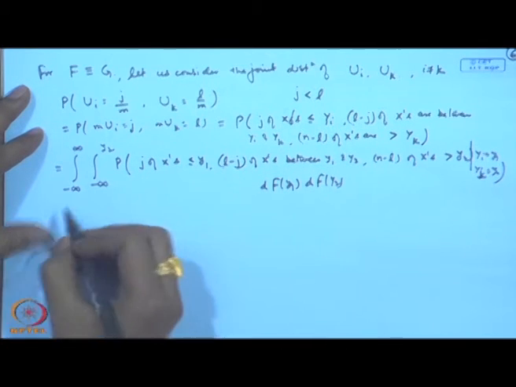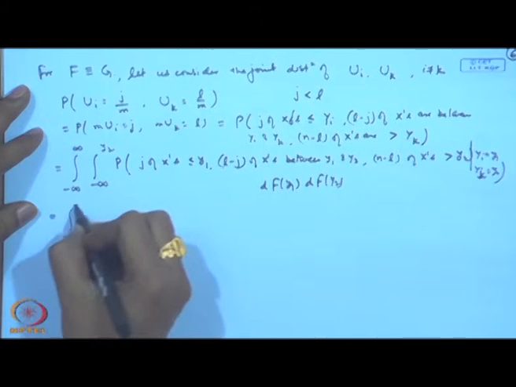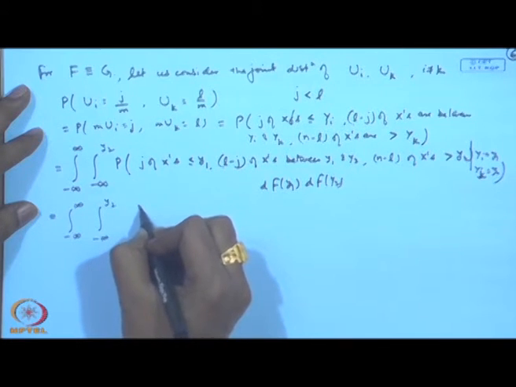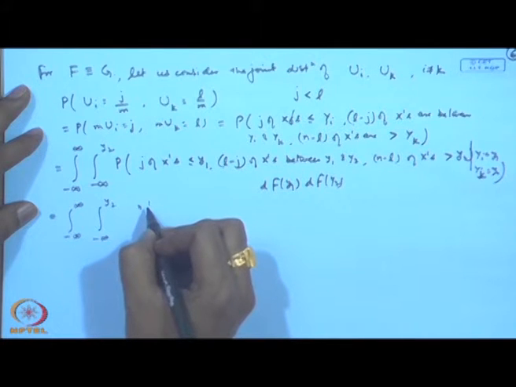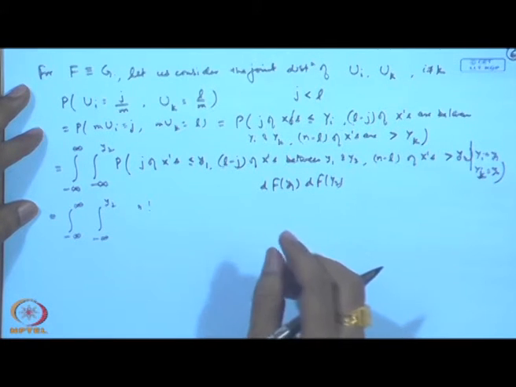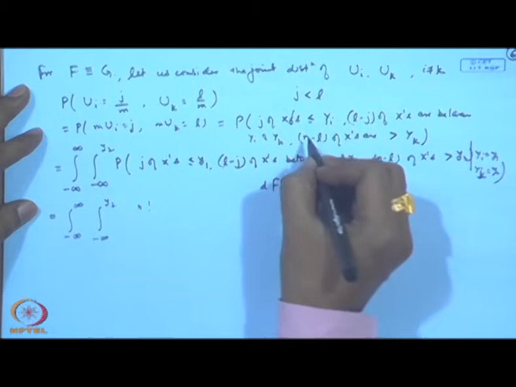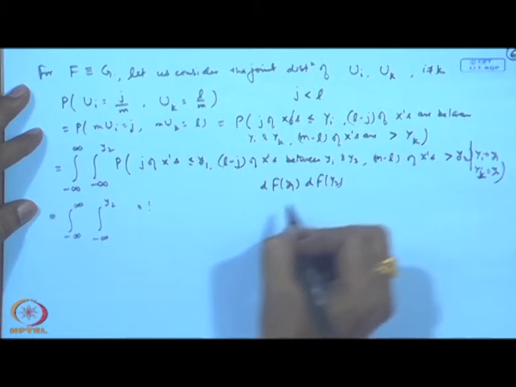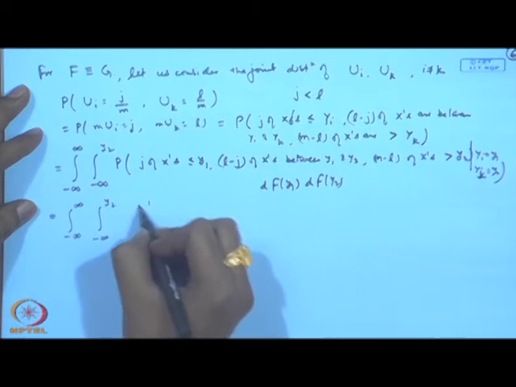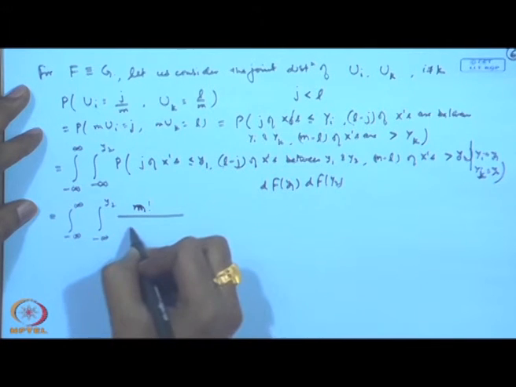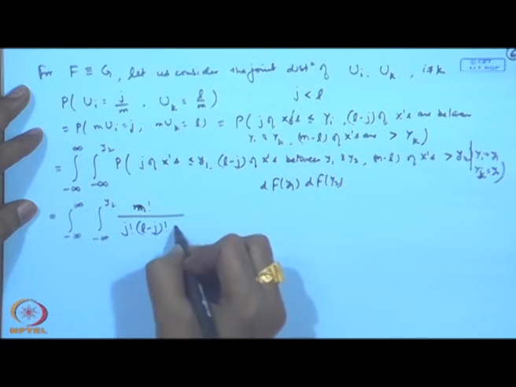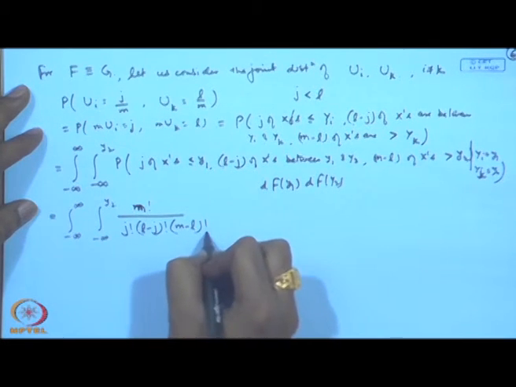Now, this is a simple multinomial. So, we just write it here, minus infinity to infinity, minus infinity to y 2, n factorial. Actually, there are m here. I have put it wrongly, this should be m. So, this will be m factorial divided by j factorial, L minus j factorial and m minus L factorial.